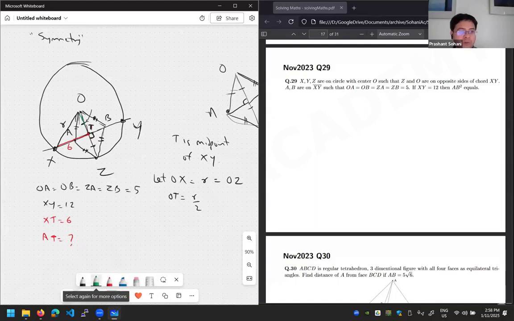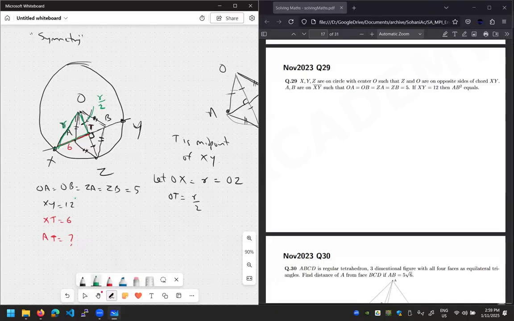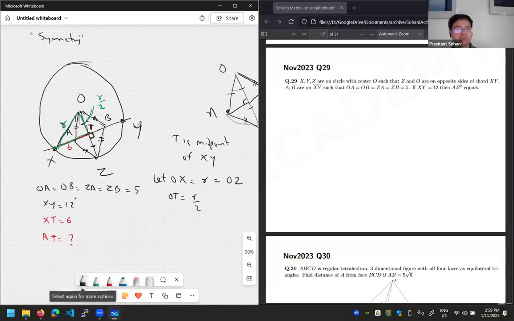So what can you observe about this triangle OTX? One side is R, the hypotenuse is R, and OT is R by 2. It's a 30, 60, 90 triangle. We know the 30, 60, 90 property in the reverse direction too: if I have a right-angled triangle where one side is half of the hypotenuse, then there has to be a 30-degree angle opposite to that.